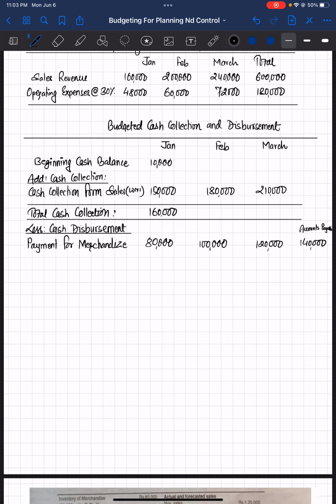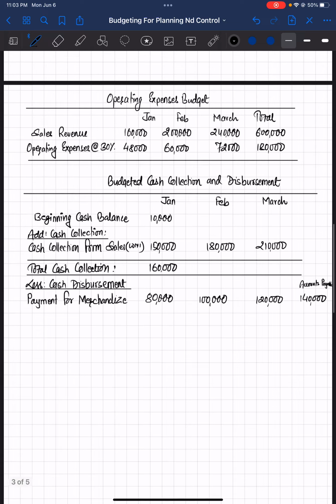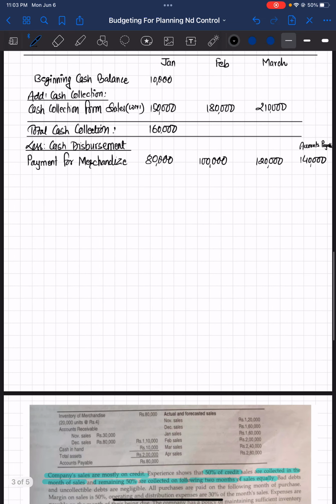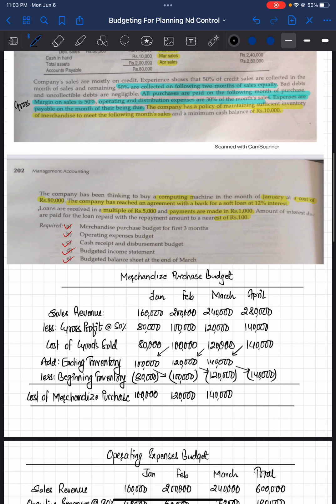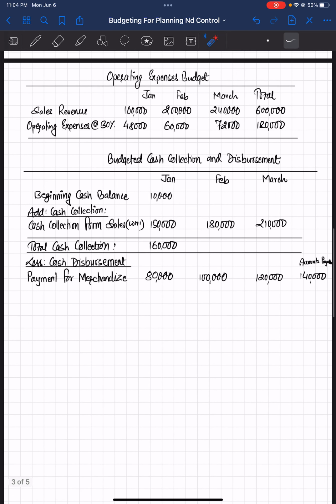All right. So after this, let's see if there's any cash outflow. If we check our question, it says that all the operating expenses will be paid in the month when they become due. Expenses are payable in the month they become due. And the operating expense is 30% of the month's sales, which I've already prepared in our operating expenses budget.